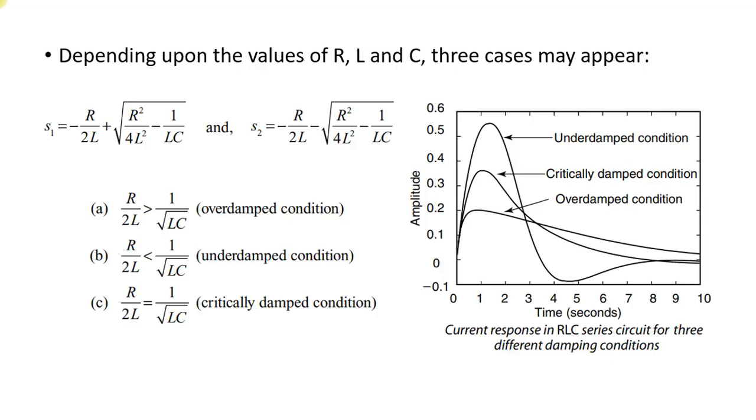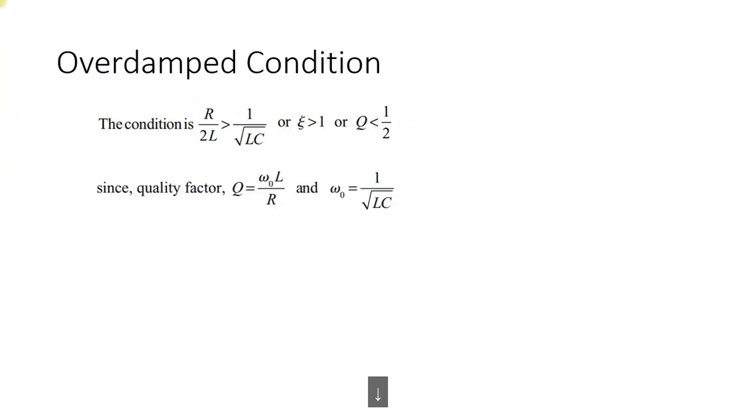First, the over damped condition. In the over damped condition, as I already told, the zeta value is greater than 1, and the quality factor Q is less than 1 by 2. So this is the condition. We know the formula for the quality factor, Q equal to omega naught L divided by R, and omega naught equal to 1 divided by root LC.